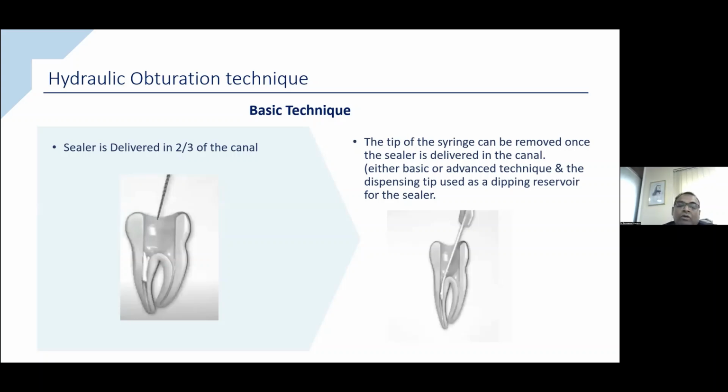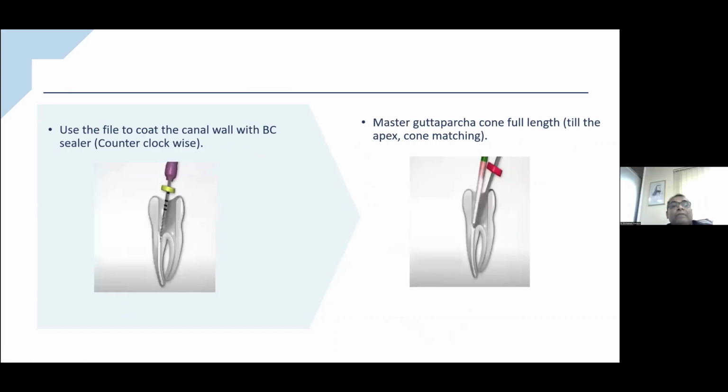So you can use the sealer from the tip itself of the syringe. Use the file to coat the wall with BC sealer, or whichever endodontic bioceramic sealer you are going to use, after placing 2/3.